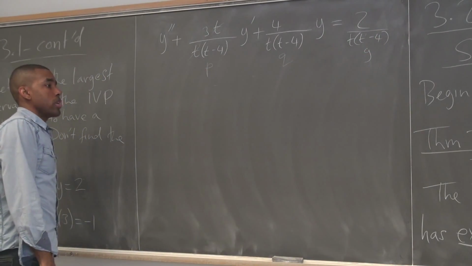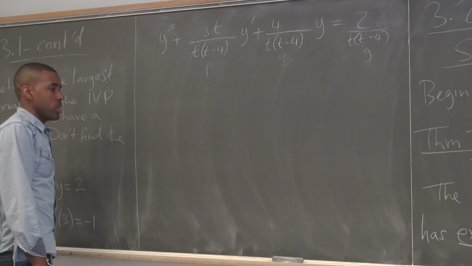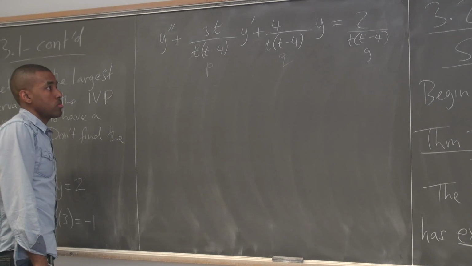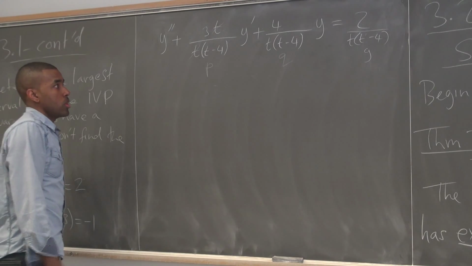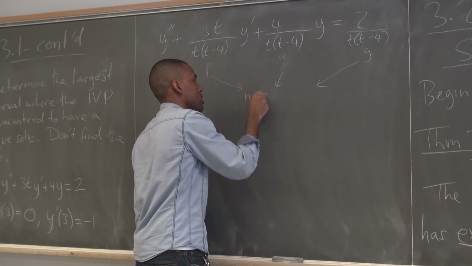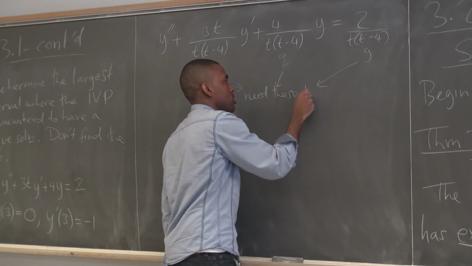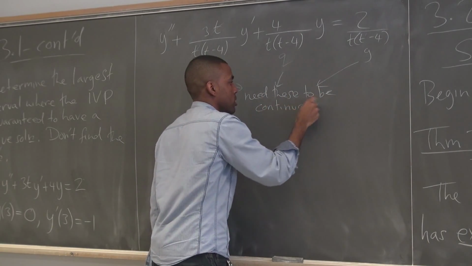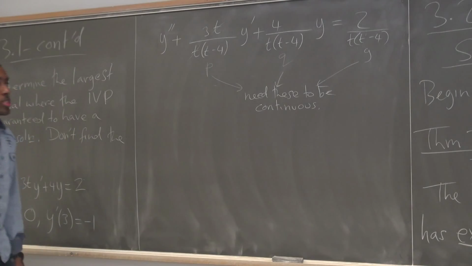So now what does the theorem say? When can we have a unique solution? When p, q, and g are continuous. We need these to be continuous. Calc 1, where are they continuous?